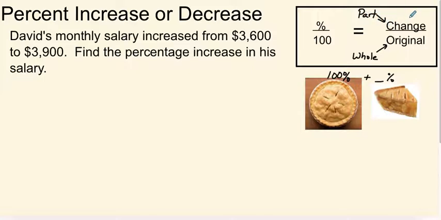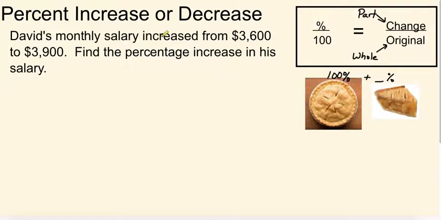Are we growing or shrinking from the whole? So realizing that it all fits into what you already know about percents can help you organize and set up your problems.